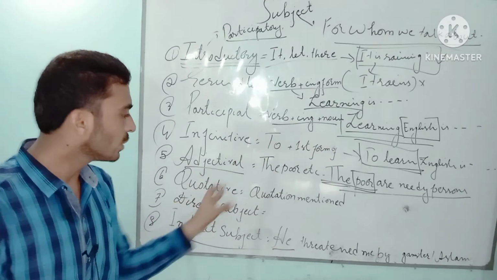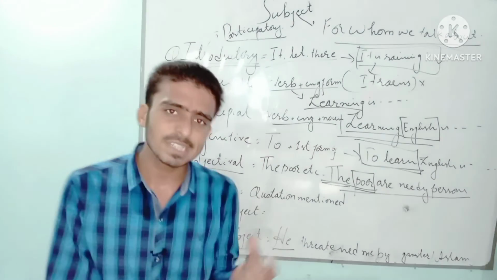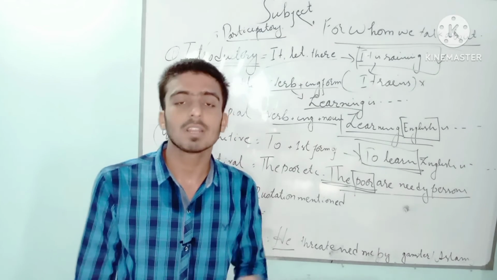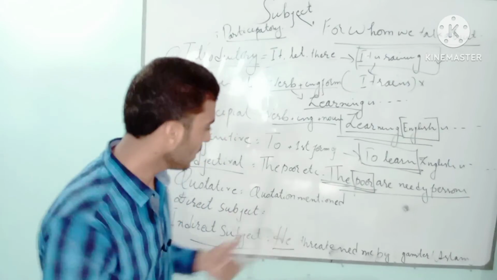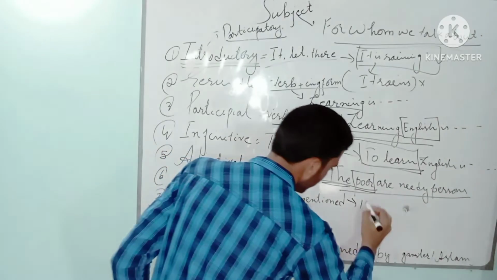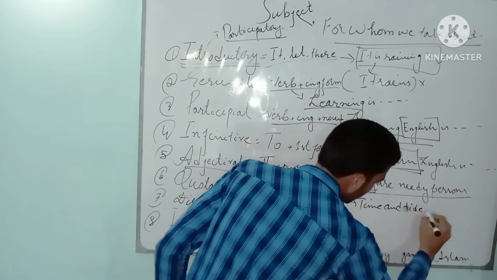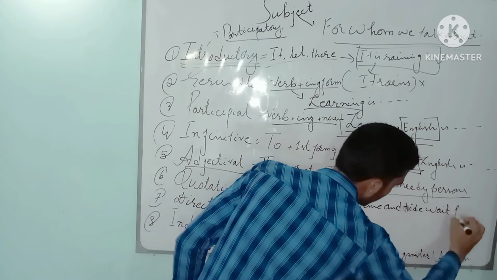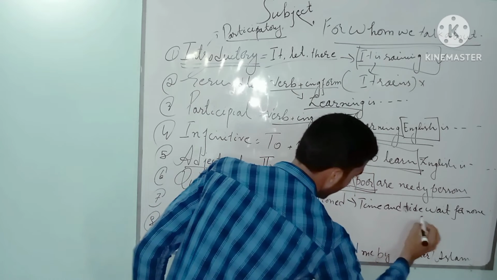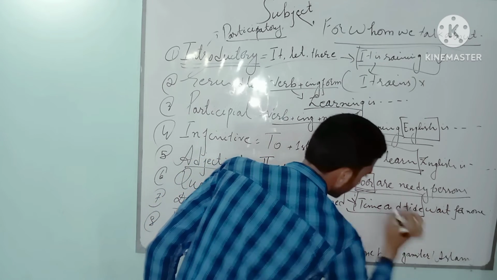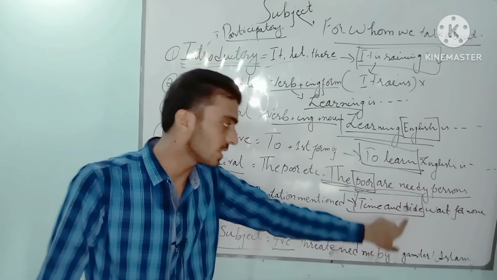And after that, the quotative subject. What do we mean by the quotative subject? Whenever we have a quotation at the start of the sentence, such as "time and tide wait for none," "slow and steady wins the race." If I say "time and tide wait for none," this whole quotation is the quoted subject, and it is coming at the start of the sentence.